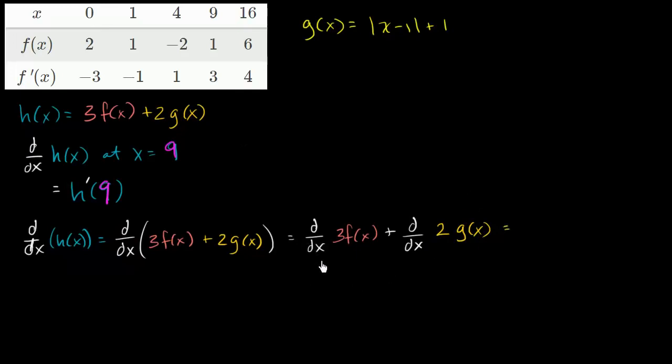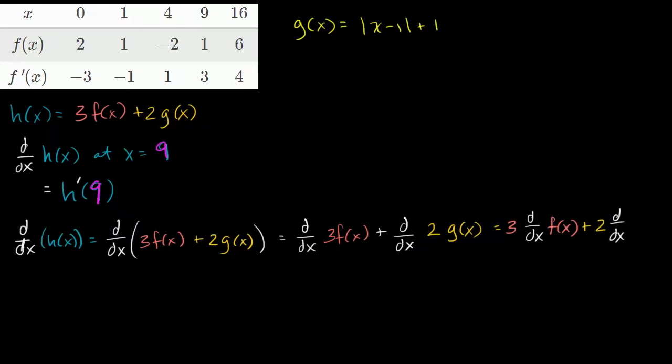Well, that just means that this first term is equivalent to 3 times the derivative with respect to x of f of x, plus 2 times the derivative with respect to x of g of x.